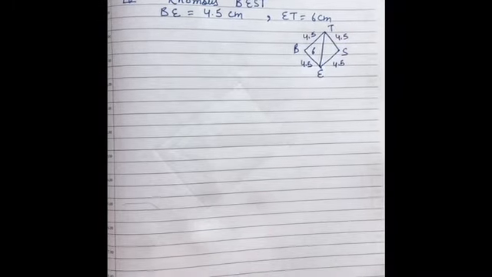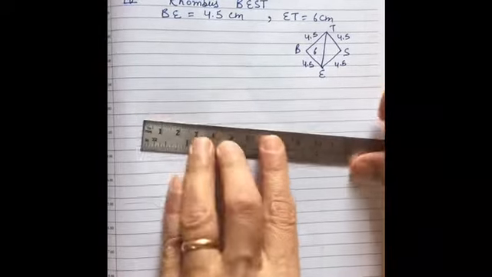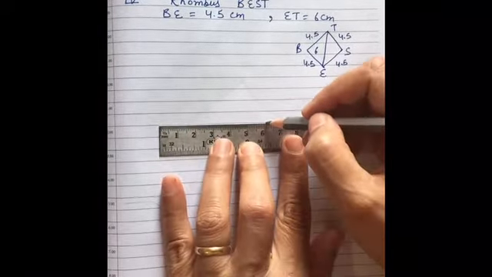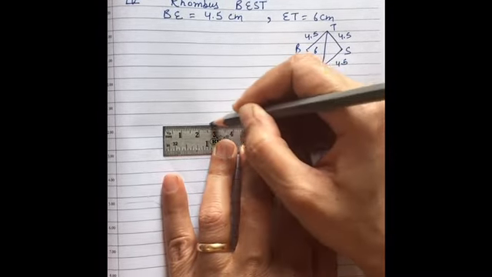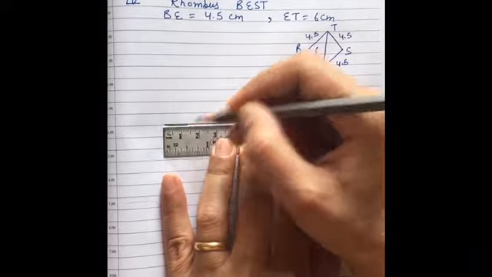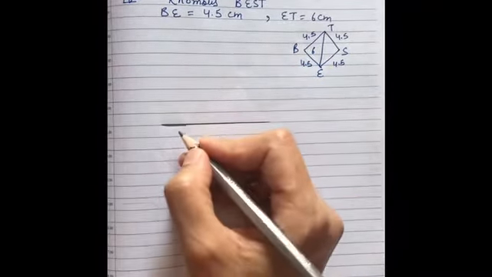Fine. So let's start with making a line of 6 centimeter. So this is my 6 centimeter line. And the name of this line is ET.